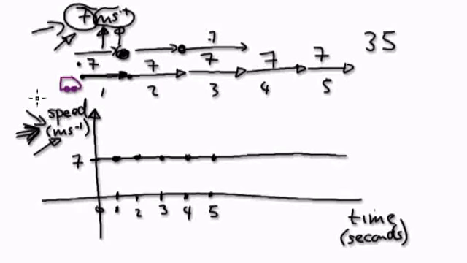You see, if you're given the speed time graph, and you want to know the distance that he's traveled after 5 seconds, you basically work out the area underneath this graph.